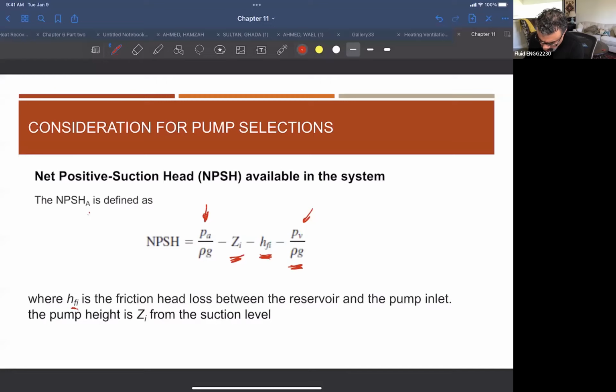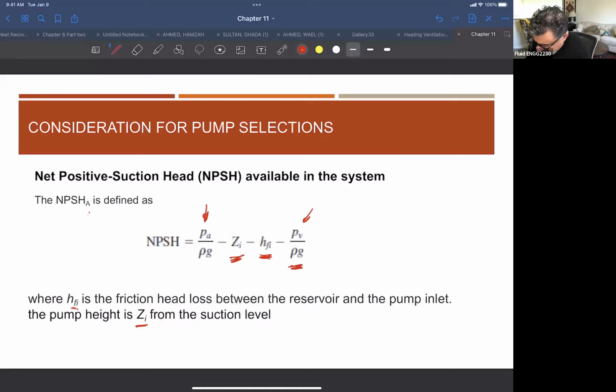Friction here is the friction losses between the reservoir and the inlet of the pump. Z here is the pump location versus the level of this tank, right? So where the pump is located. We have to make sure that as we are reducing the energy, we are reducing the pressure as well, so we are not getting to the point where the pressure becomes the vapor pressure, right?